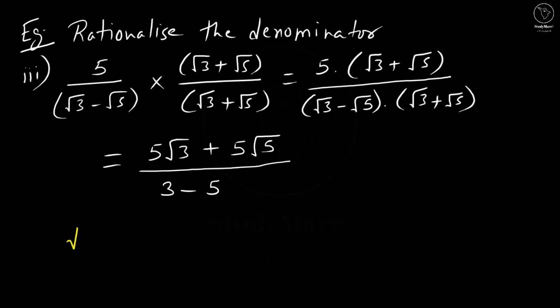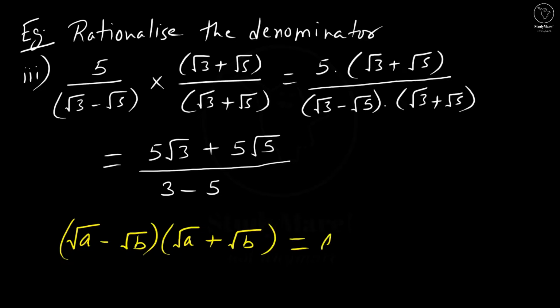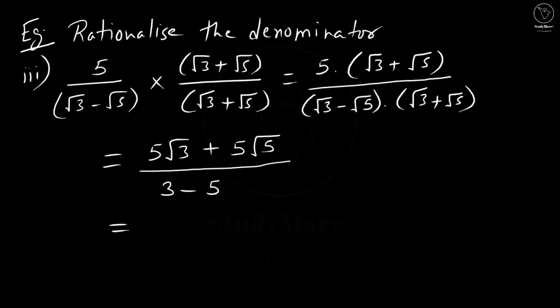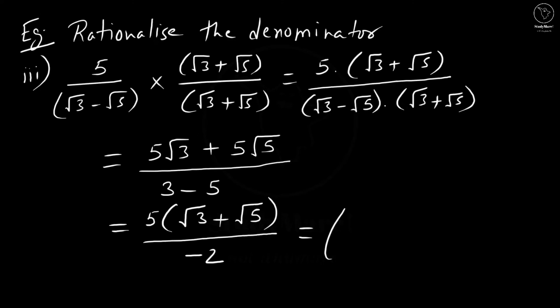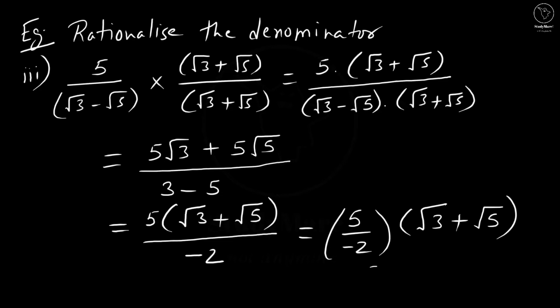Using the identity root a minus root b into root a plus root b is equal to a minus b, and taking 5 as common, we get 5 into root 3 plus root 5 divided by minus 2, which is equal to 5 by minus 2 into root 3 plus root 5, which can be simply written as minus 5 by 2 into root 3 plus root 5.